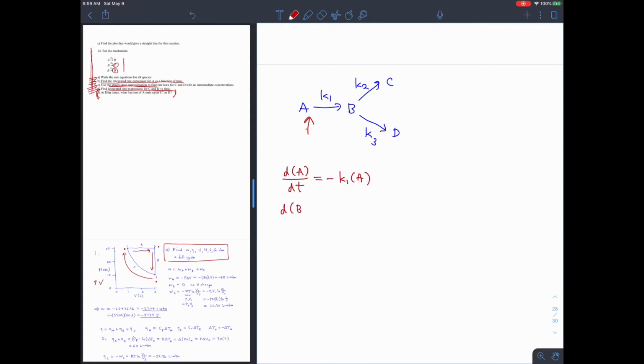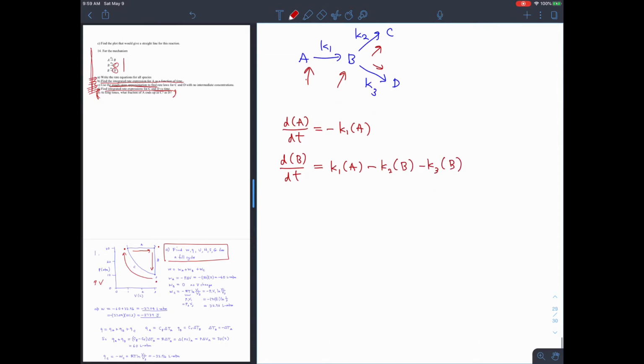dB/dt is going to be the only one with any real complexity. It's going to be plus k1 times A, because it's a product, and then minus k2 times B and minus k3 times B. And let's just rewrite that a little bit. So that's k1 times A minus (k2 plus k3) times B. So B goes away with the sum of the two rate constants because there's two channels by which it can disappear.